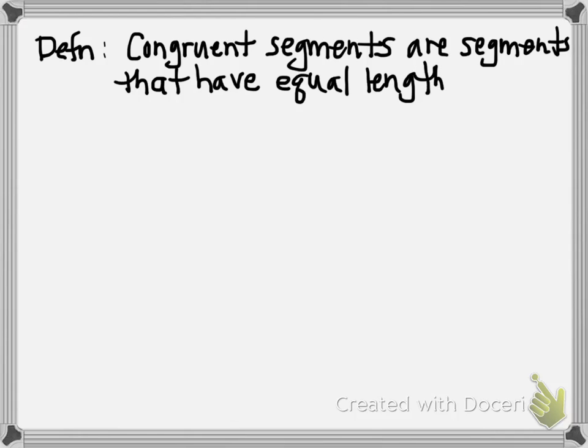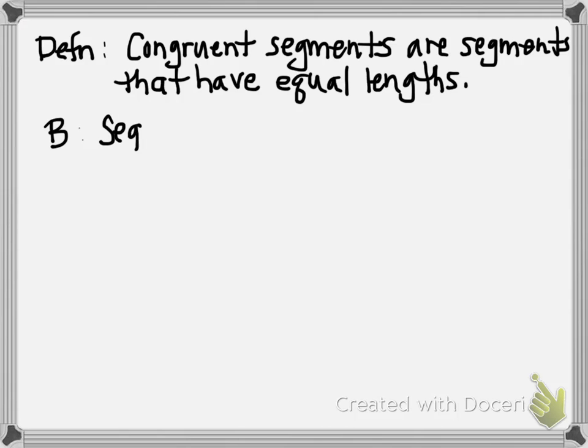Notice that you don't see ifs and thens. It's not written in a traditional conditional format, so it looks a little different, but this is true. Congruent segments have equal lengths, bottom line. So here's how we would write the biconditional.